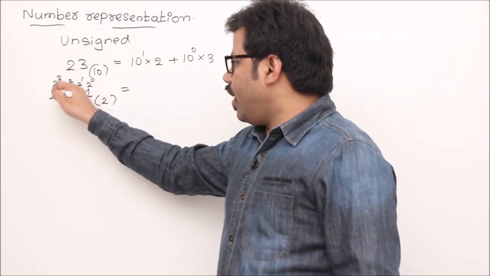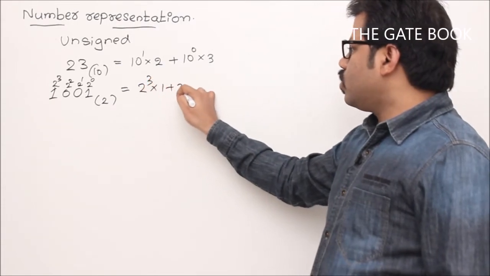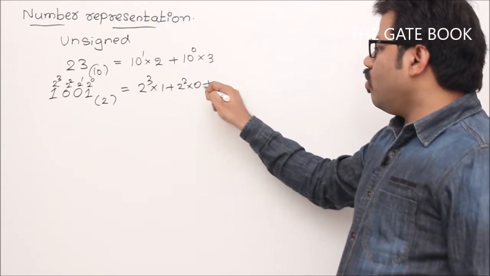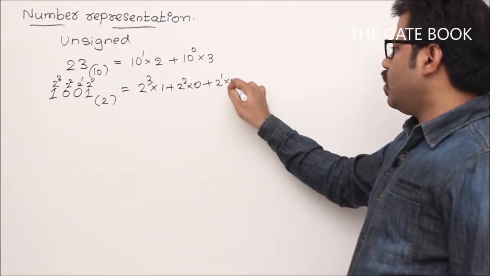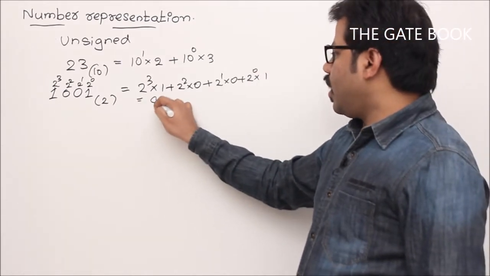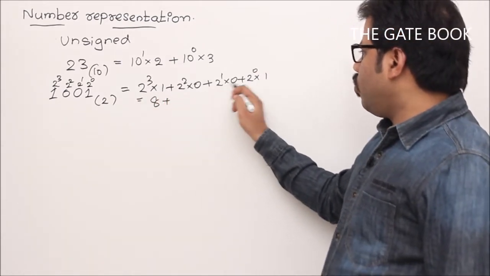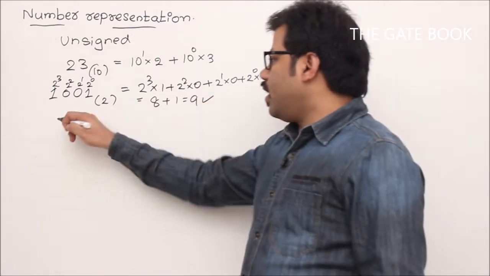If you give weights like this, and if you multiply 2 cube into 1 plus 2 square into 0, you are going to get the decimal version of this binary format: 2 to the power of 1 into 0 plus 2 to the power of 0 into 1. Then it would be 8 plus 0 plus 0 plus 1, 8 plus 1, 9. In that way, we can convert binary to decimal.